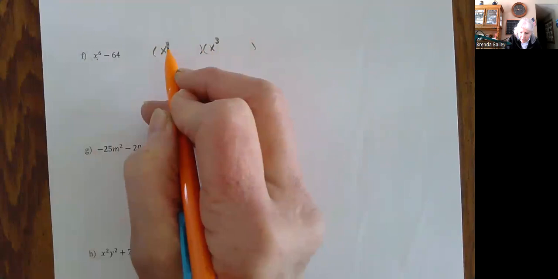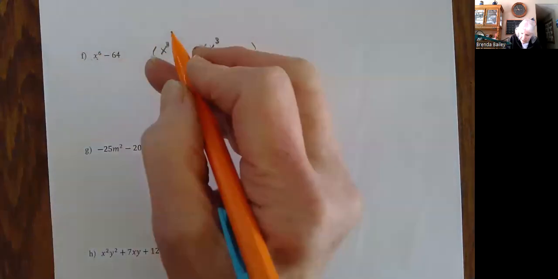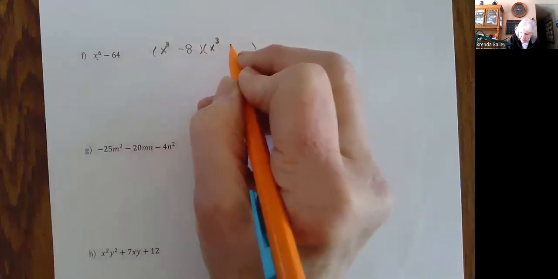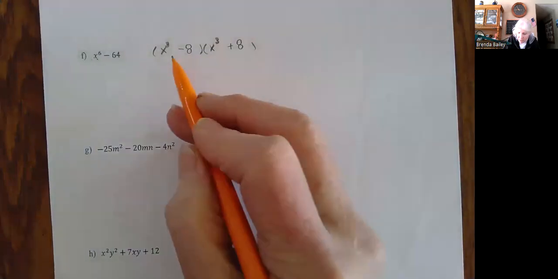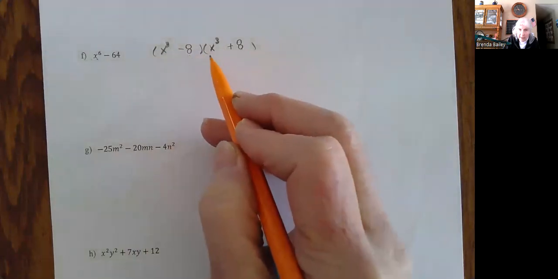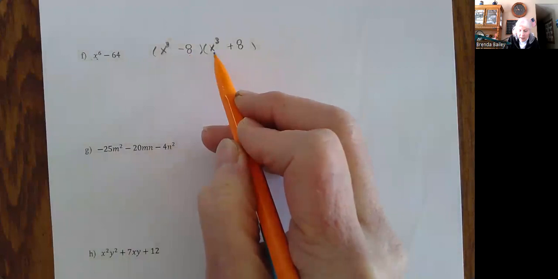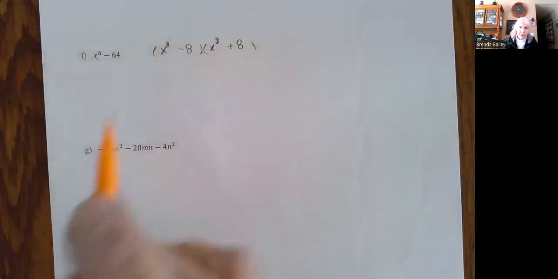If you want to know how to get the 3, just take 6 divided by 2. Minus 8, plus 8. And that gives you the minus 64, and the middle term drops out because you multiply positive 8x cubed, multiply negative 8x cubed for the FOIL, and your middle term is 0.